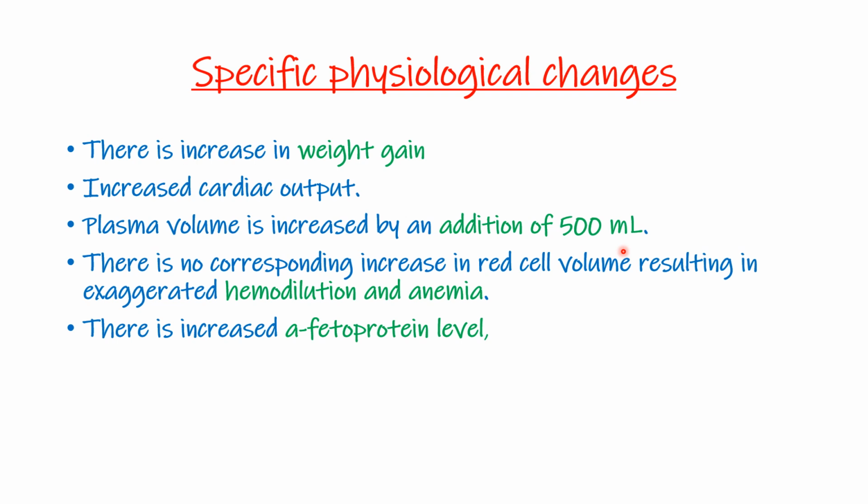So in this case, we have increased plasma volume, but we don't have a corresponding increase in the red cell volume, resulting in hemodilution and anemia. So in these pregnancies, we always advise the women to take supplements of iron, among others. And also you monitor for anemia and its complications. There will also be increased alpha fetoprotein.